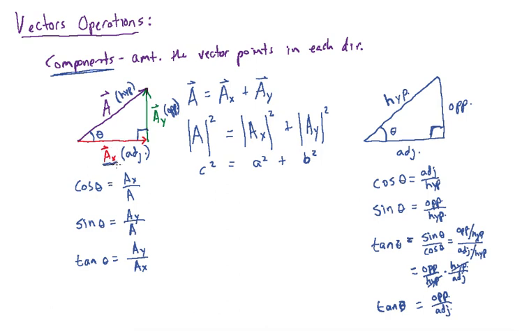If I have the length of this vector and I know what theta is, I know what angle it's at. Well, for that, I want to look at cosine because cosine has the a sub x length in it, and that's what I want to find. And then it also has the length of the vector and the angle of the vector.